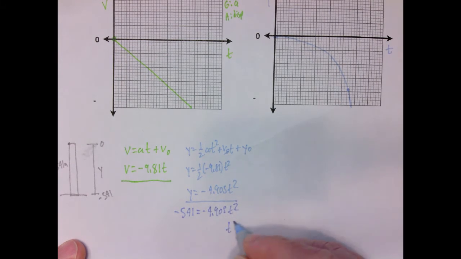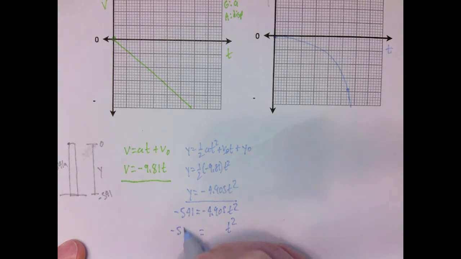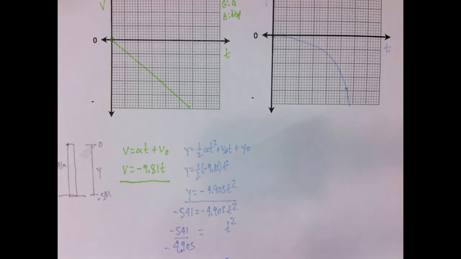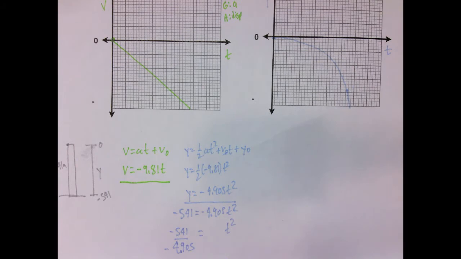Then dividing on both sides, we get t squared equals negative 541 divided by negative 4.905. And then we find out that t squared is equal to 110.29562.